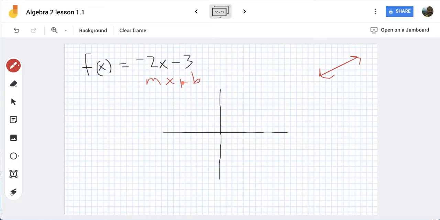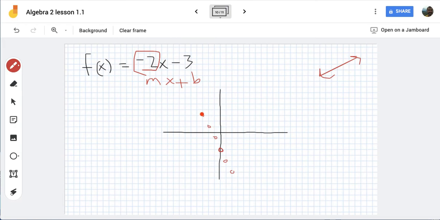The minus 3 is the y-intercept, so it's going to cross right there. And it's going to have a slope of negative 2. Down 2 over 1. The opposite of going down 2 and over 1 is to go up 2 and over the other way 1.